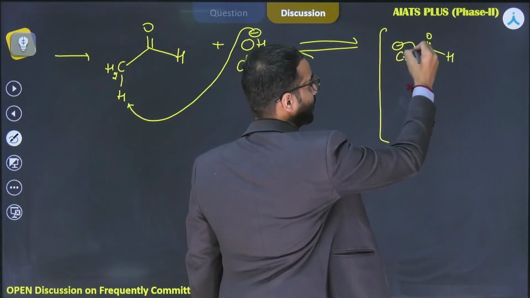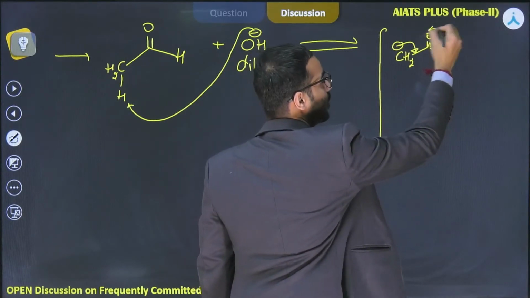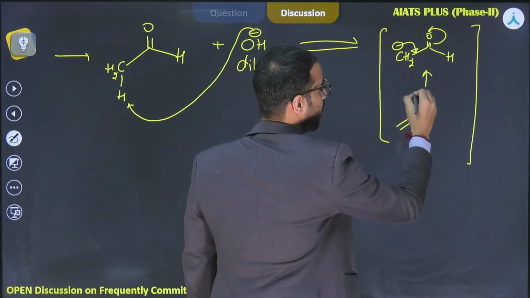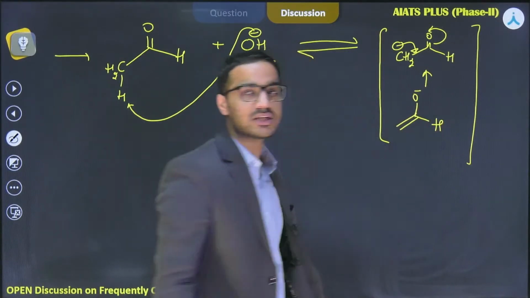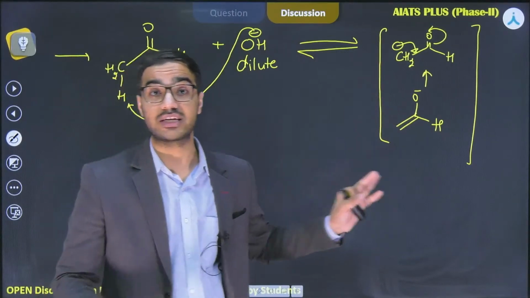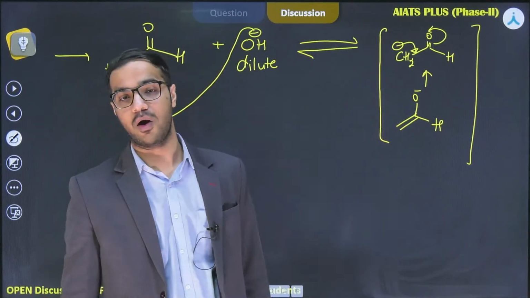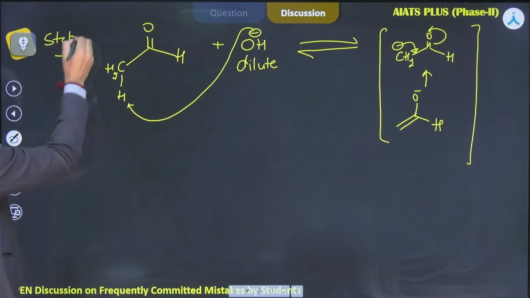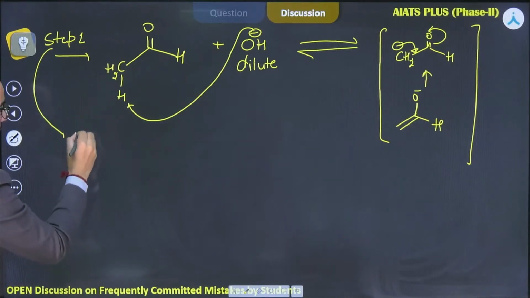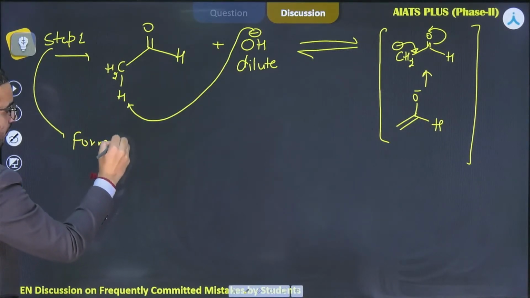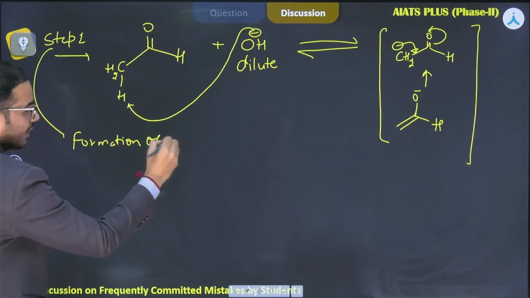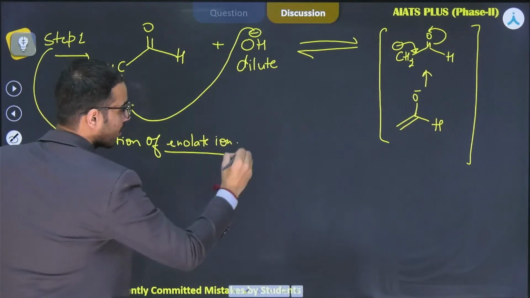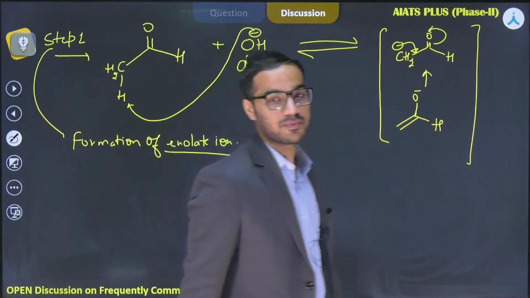This negative charge will come over here, and you will get a resonating structure, CH2 double bond C, O minus and H. This is itself a stable species, or we can say that this is an enolate ion. So we can say step one is the formation of enolate ion. I hope this is clear.